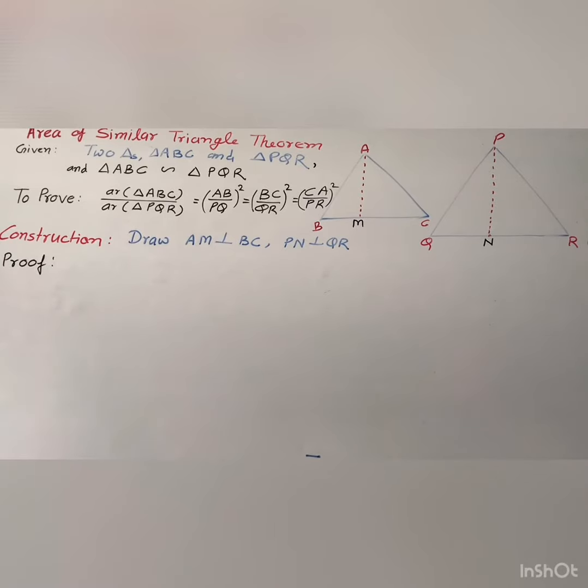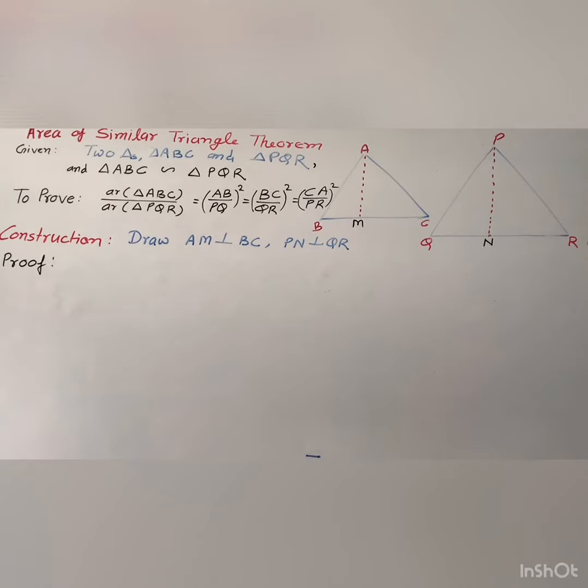Okay, so this is the requirement, and this is also written as AB square upon PQ square, BC square upon QR square, and CA square upon RP square.